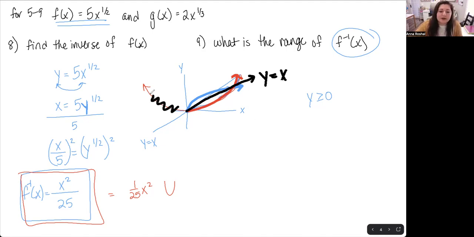So this portion won't have anything to do with my range. Even though it doesn't change my answer, it still won't have anything to do with my range because the inverse function will not allow for that portion to be in the answer. Okay.